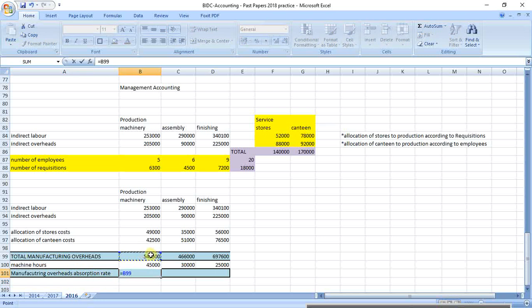This amount divided by that amount gives you that figure. This divided by that gives you that figure. This divided by that gives you that figure. Two decimal places they said, right? Calculate to 2 decimal places. Okay, so this would be per machine hour. And that's it.